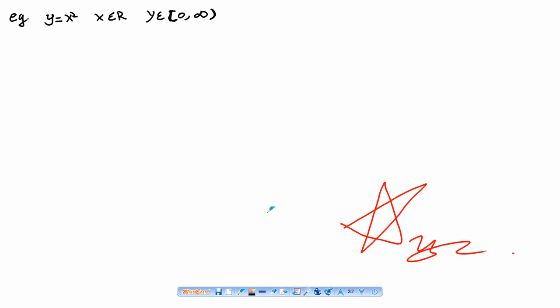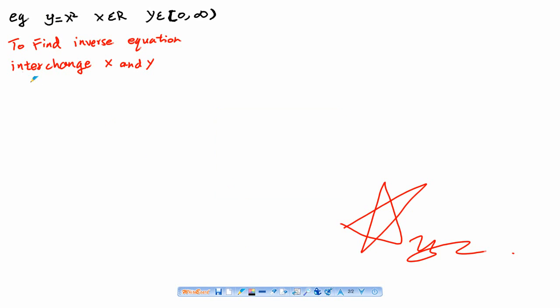Now to find the inverse equations, what I have to do is to interchange x and y. So x changes to y, and y changes to x.